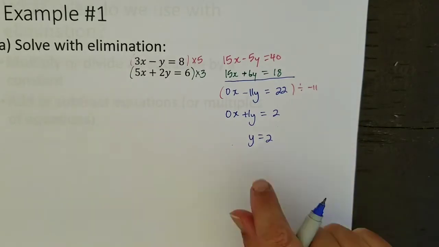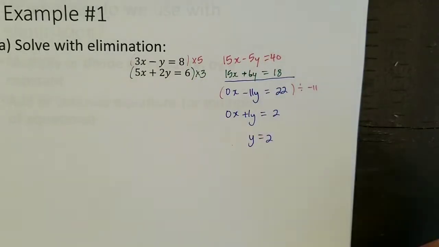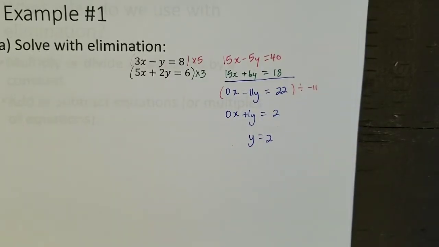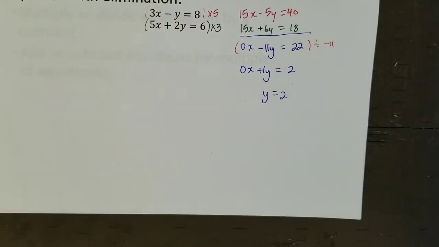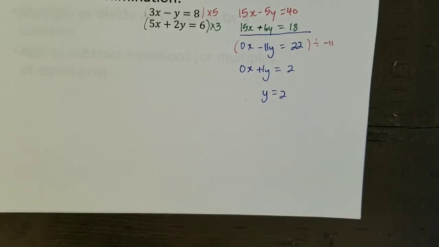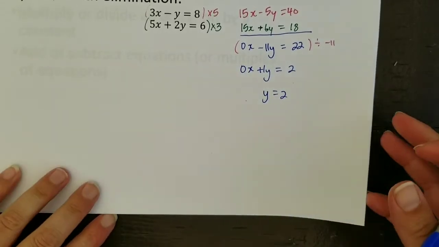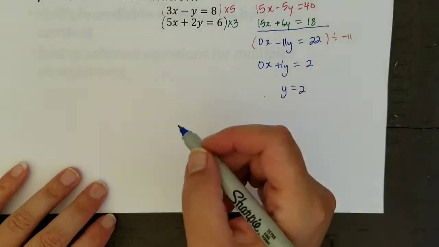Normally we would take that y value, sub it back into the original equation and find x. But we could actually find x using elimination again. We don't typically, because it is longer, but if elimination was really the skill that we knew, we could absolutely solve for x by eliminating the y variables.